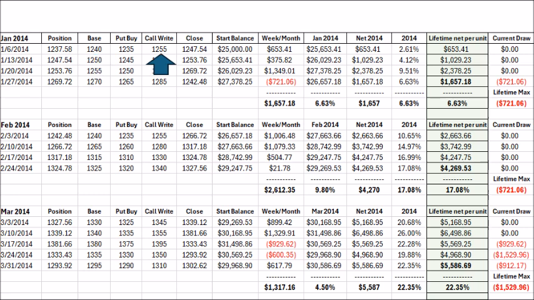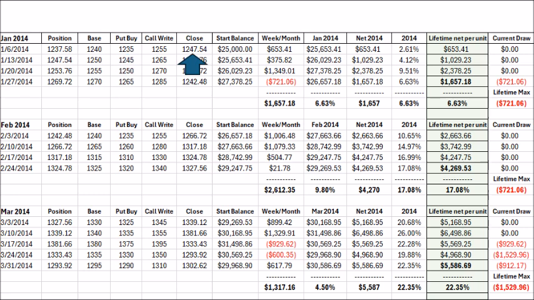We're going to write a call $15 per ounce higher than the base price at 1255 to collect option time premium. Using this collected time premium, we're going to offset the majority of the cost for the 1235 put we're purchasing to define risk on our position.